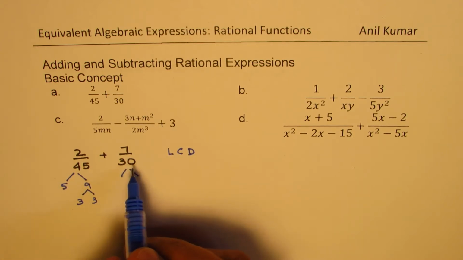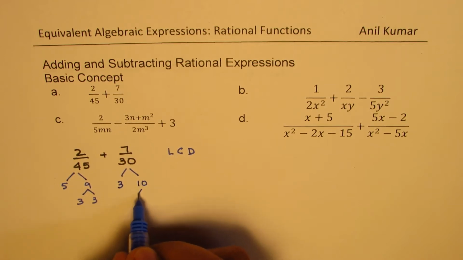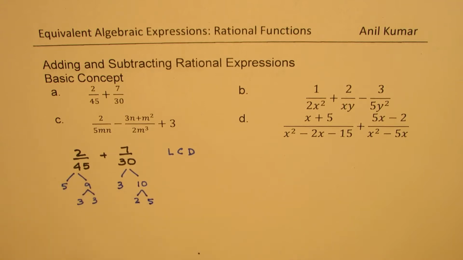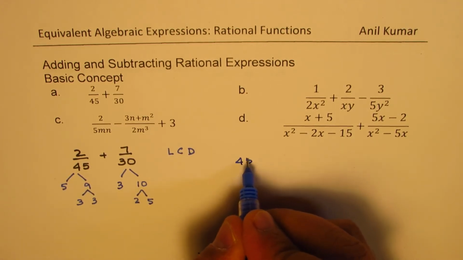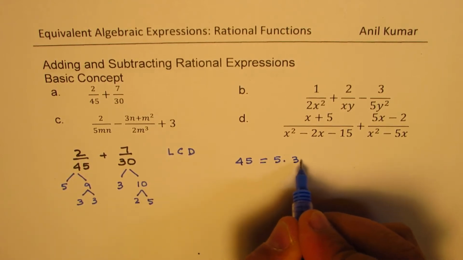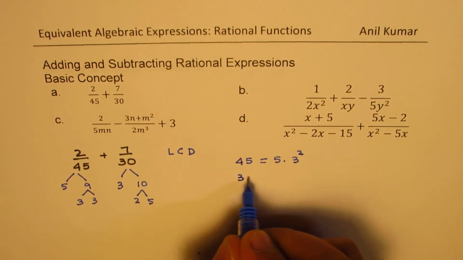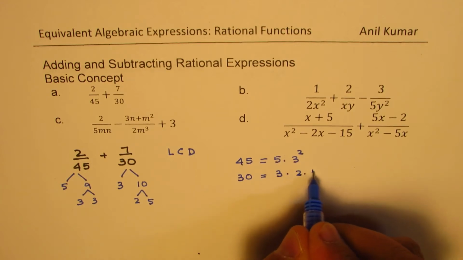As far as 30 is concerned, we could write this as 3 times 10, and 10 could be factored as 2 times 5. Correct? So that means that 45 can be written as 5 times 3, which is 3 squared, and 30 can be written as 3 times 2 times 5.